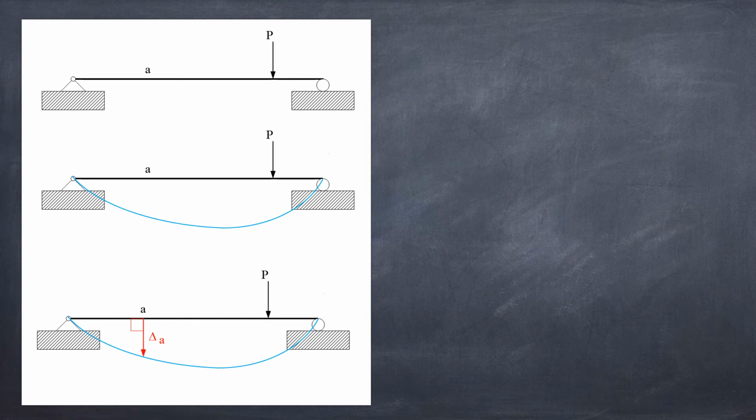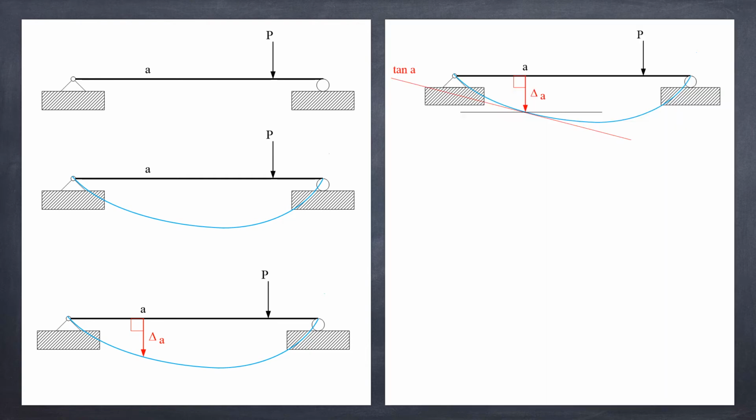What about theta, the angle? If I draw a tangent at that point, you see tan A, tangent A. Basically, that just touches the curve, not cuts through it. That represents the member alignment, the deformed one, at point A. I also draw a horizontal black line, which is the original alignment.